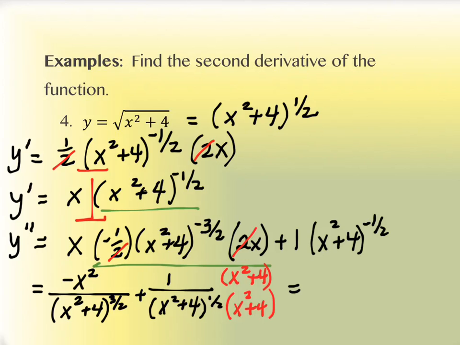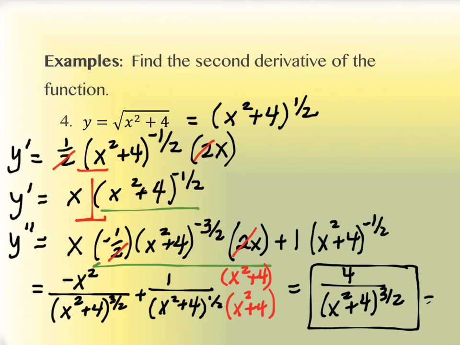So those add to 0. So the numerator actually just becomes the number 4. And then the denominators now match, and that is my new denominator: x squared plus 4 to the 3/2. And that is the second derivative that we just found.